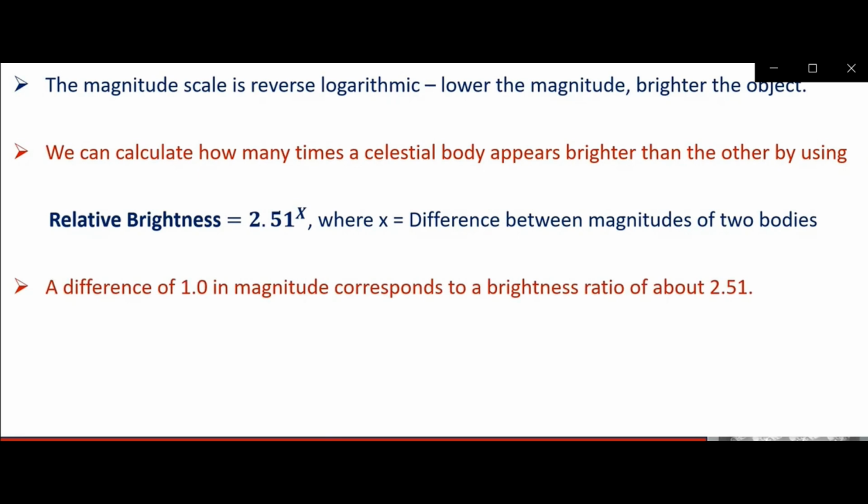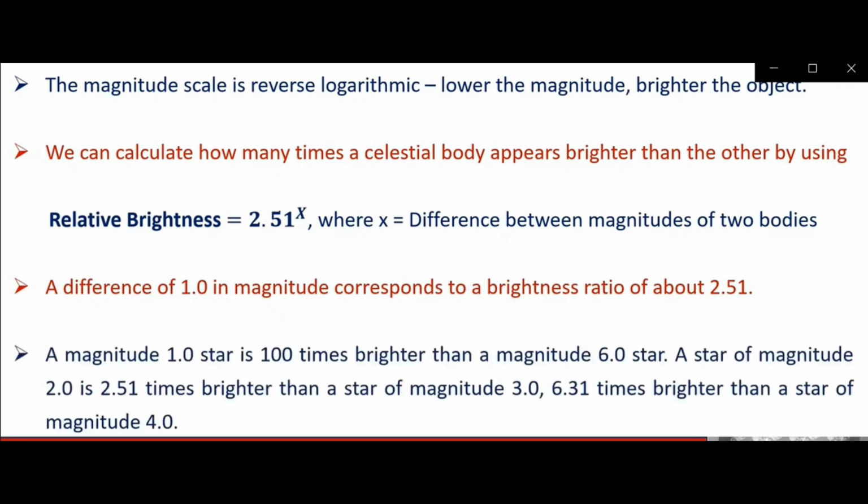This means that if the difference between the magnitudes of the two bodies is 1, their brightness ratio is 1 to 2.51. Why? Because it will be 2.51 raised to power 1. A magnitude 1 star is 100 times brighter than a magnitude 6 star. Why?